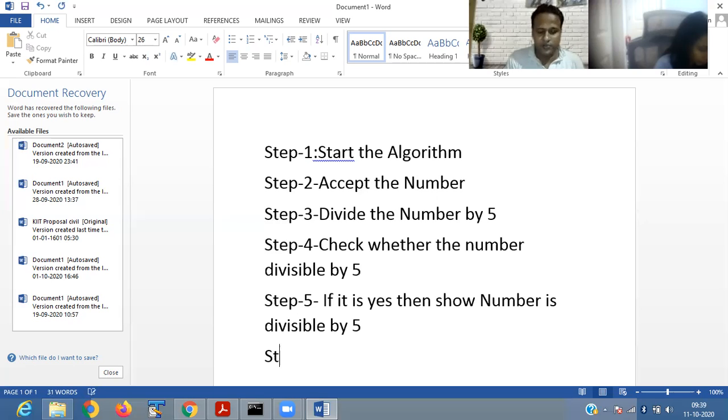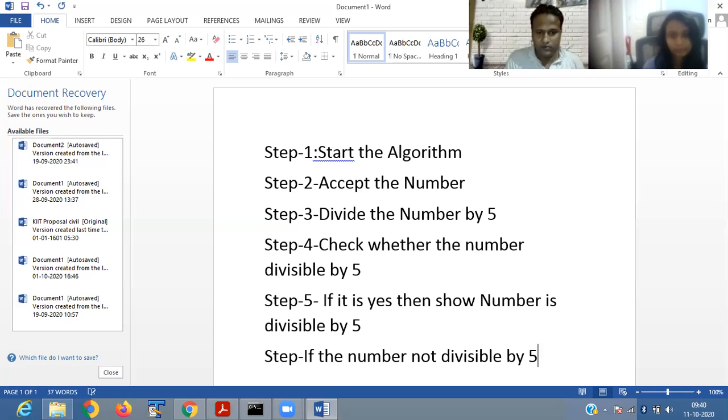In step 6, if your number is not divisible by 5, it shows the number is not divisible by 5.